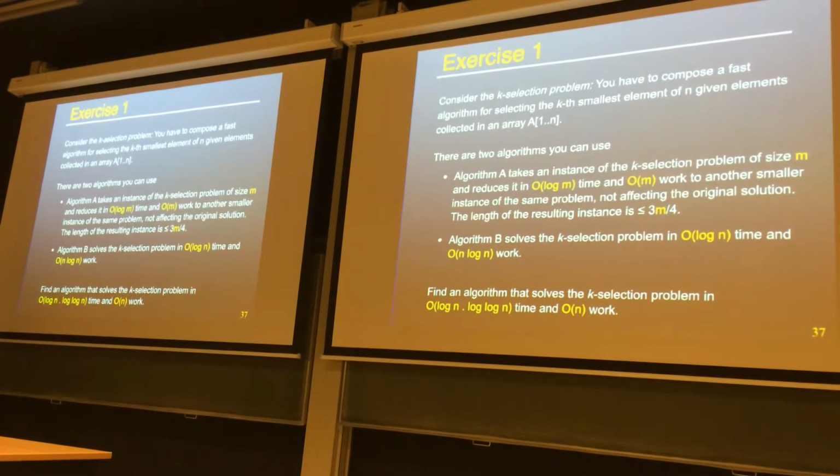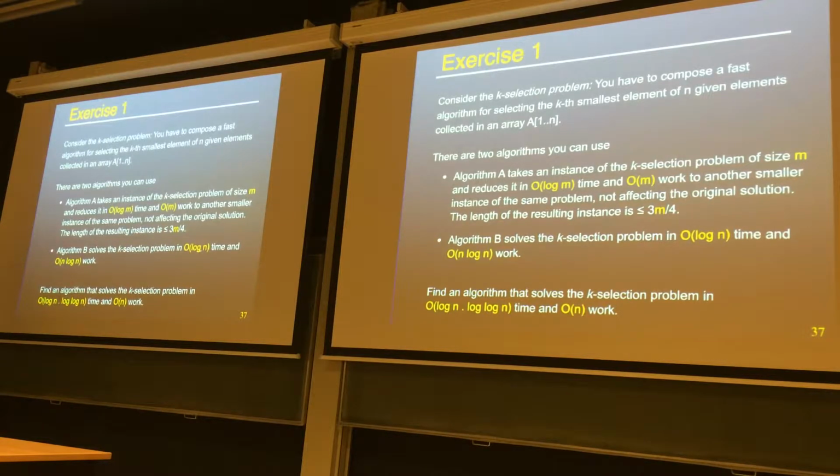So this algorithm gives you in O(log n) time and O(n log n) work the final result. We know from theory that this algorithm is not really optimal. It should be O(n), and you are required to find such an O(n) work algorithm that computes the result in O(log n times log n).